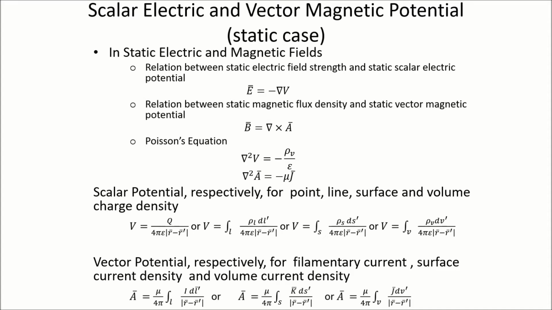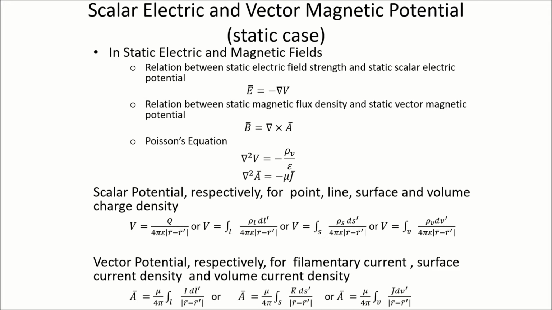For different types of charge distributions, we came up with the solution of V. Expressions for V for a point charge, a line charge, a surface charge, and a volume charge are given, respectively, on the slide.